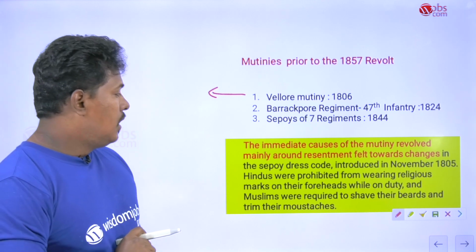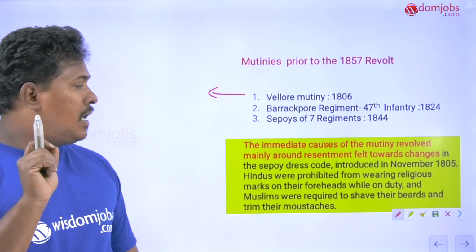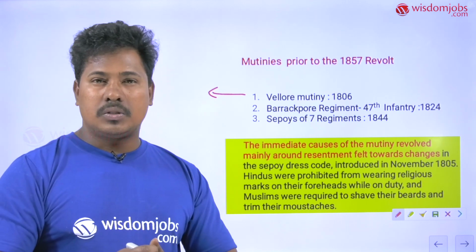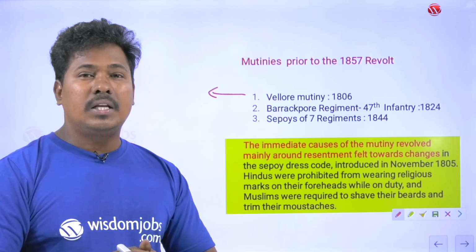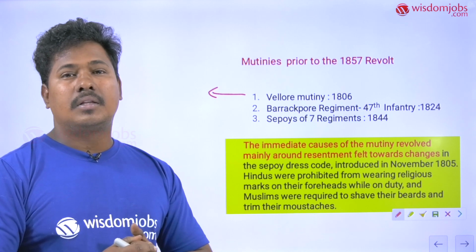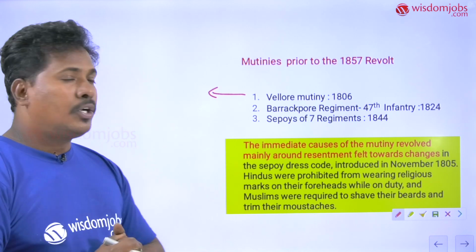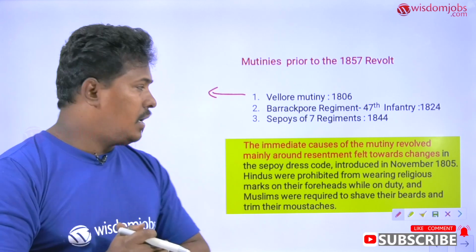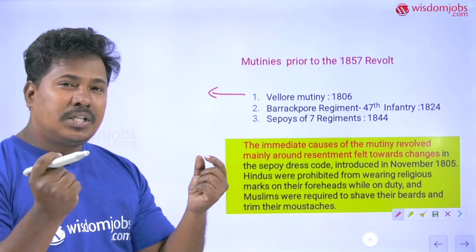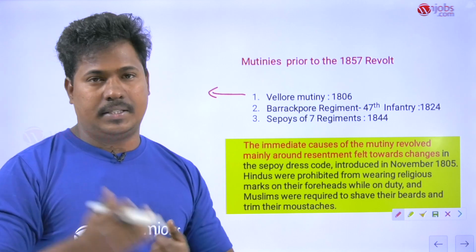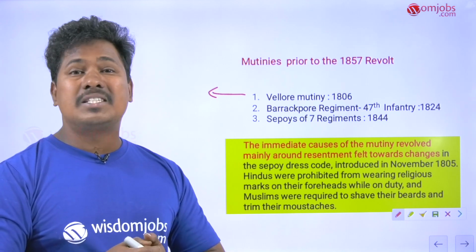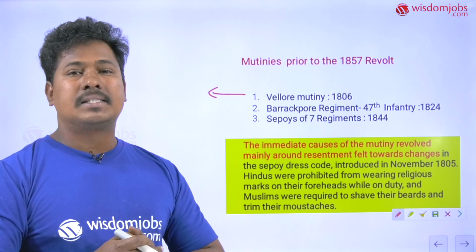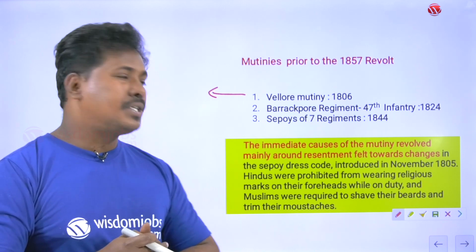Next, Hindus were prohibited from wearing religious marks on their foreheads. That was one of the provisions in the new system introduced by the British, and it was also a major problem for the Hindu Sipais serving in the British Army.